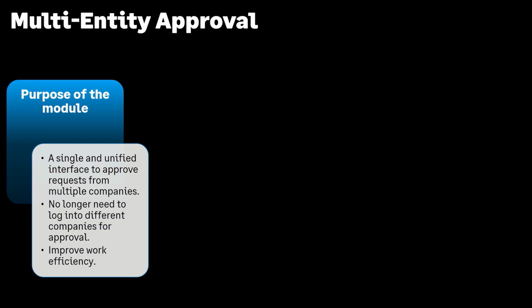We provide a single, unified interface for managers to approve requests from multiple companies. Thus, they no longer need to log into different companies for approval, and work efficiency is improved, right?